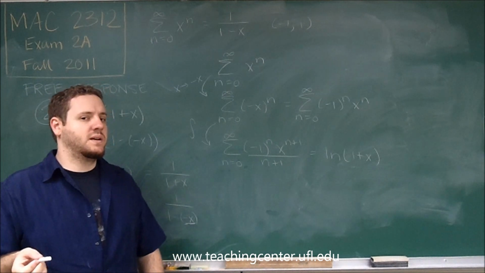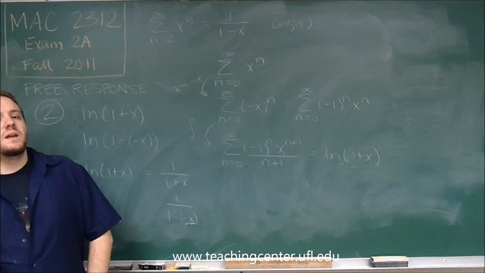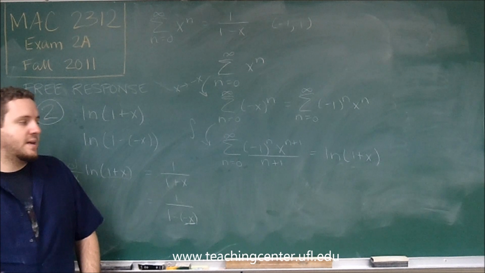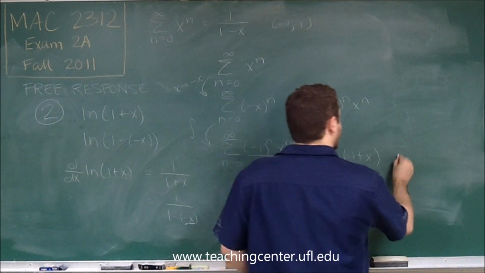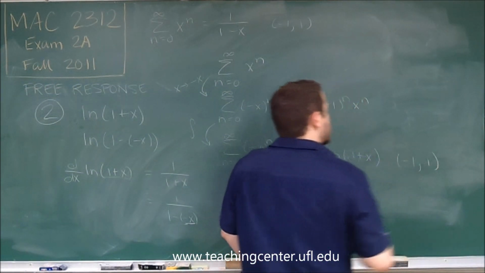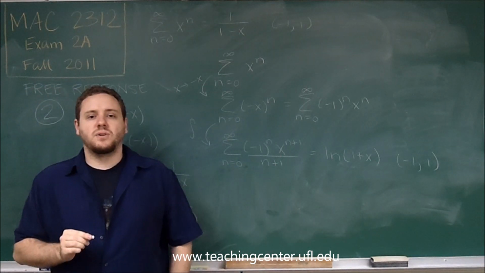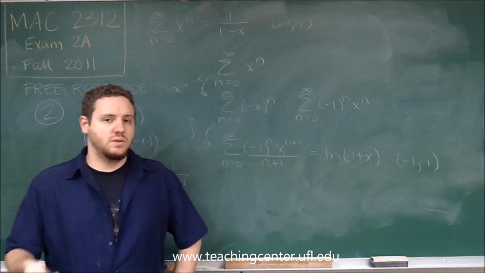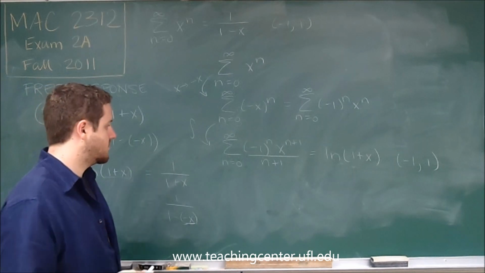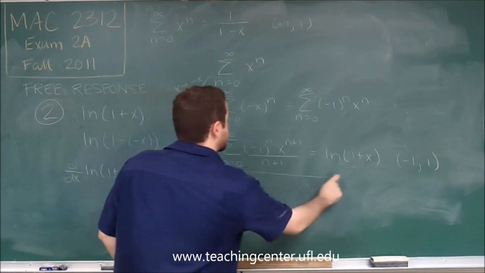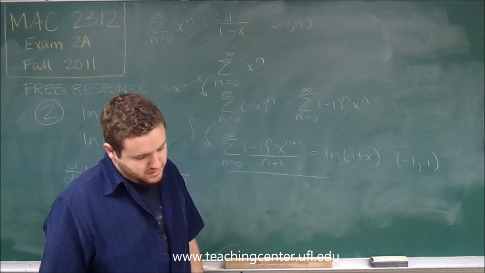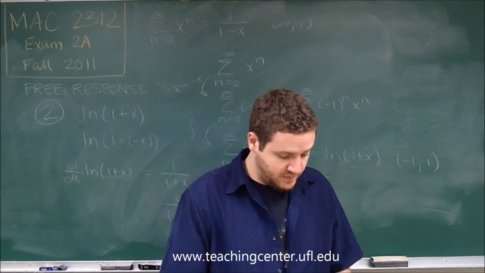But if you think about that for a second, if -x is in between -1 and 1, that's the same thing as x being between -1 and 1. So we actually do have the same interval. But remember, anytime you do a substitution for x, you have to consider that your interval may have changed. So this is our series here. So that was part A.